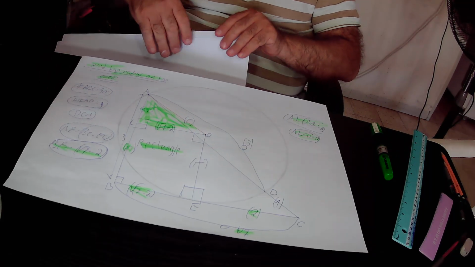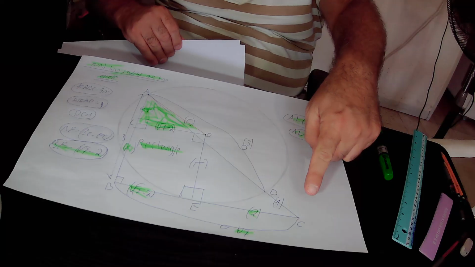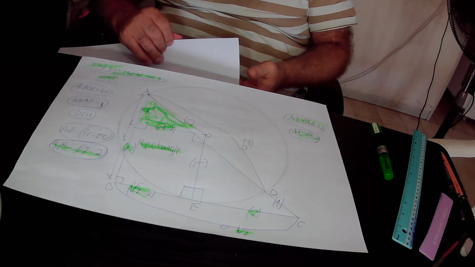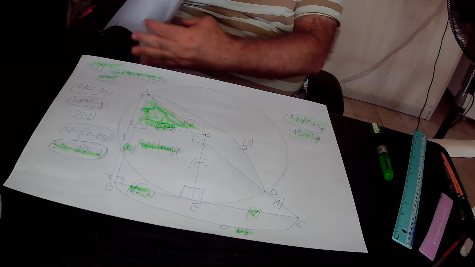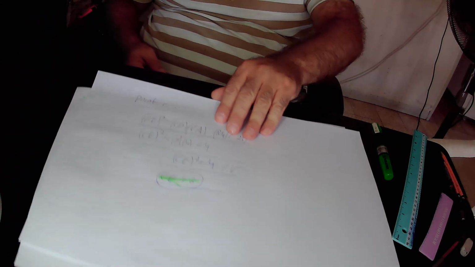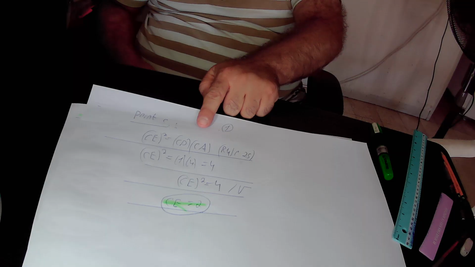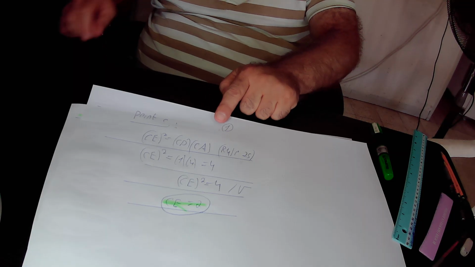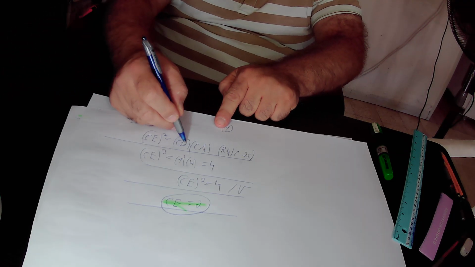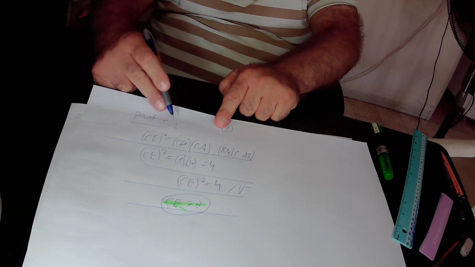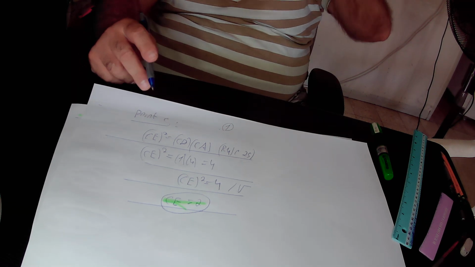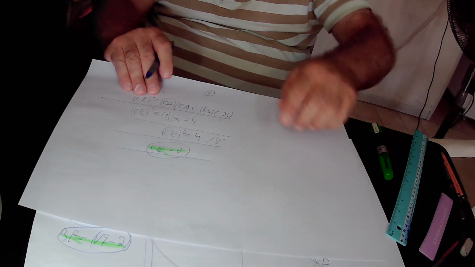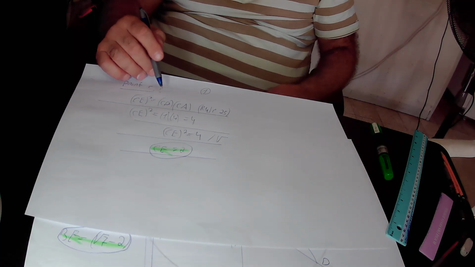So again, according to rule 25, if you focus on this common external point C, the following equation is true: CE squared equals CD times CA. CE is the missing side, so it equals CD.